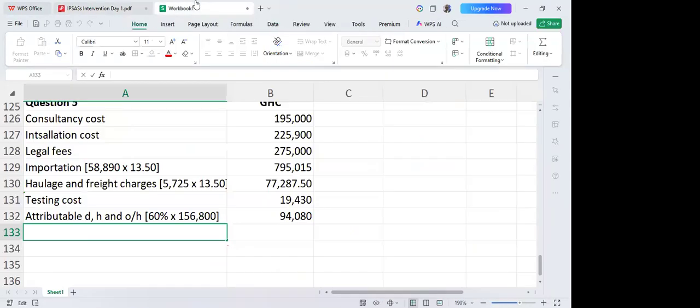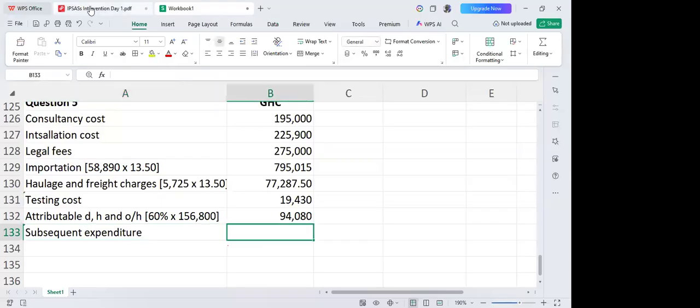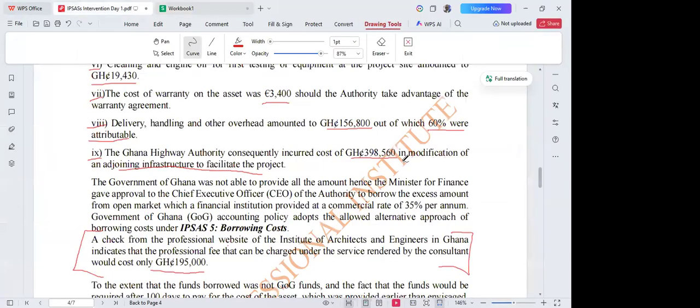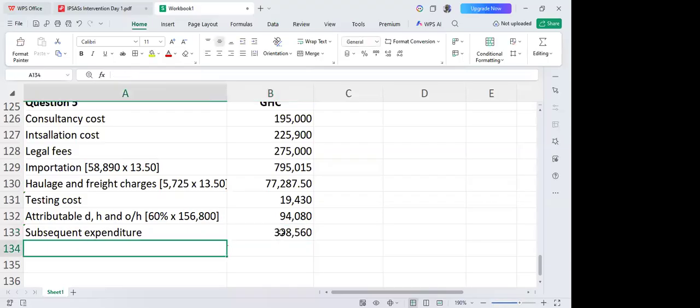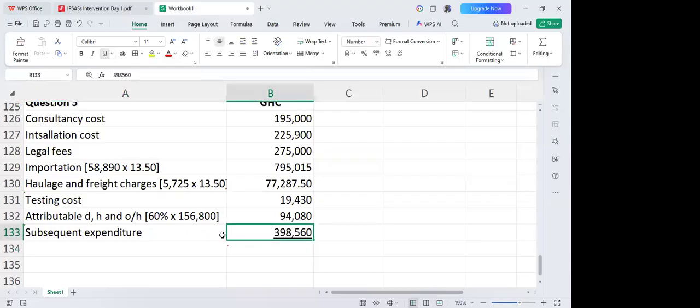Okay. So this is what we call subsequent expenditure, right? If you remember. Yes, sir. So this is a subsequent expenditure, so we need to include that. 398,560. So we are going to include that.